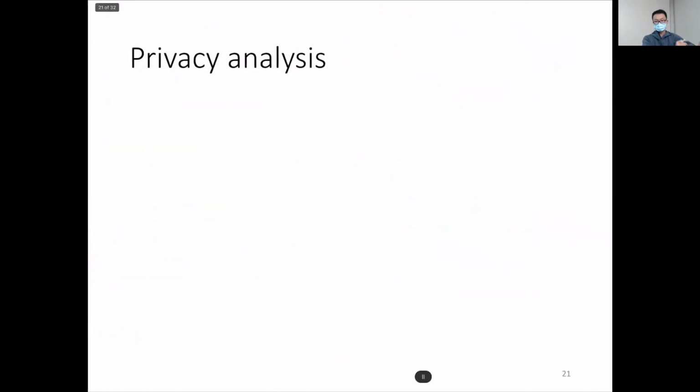Okay, so again, we want to show epsilon delta differential privacy, and by definition, it requires us to show that for any pair of neighboring data sets, and also for any subset S of the output space, this inequality is true, plus, I guess, plus delta.